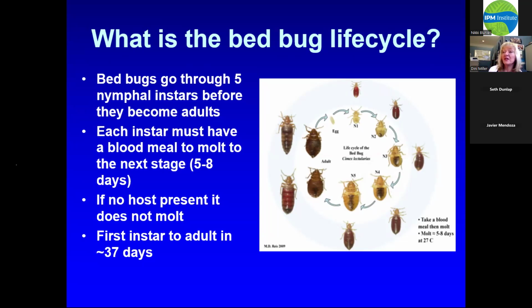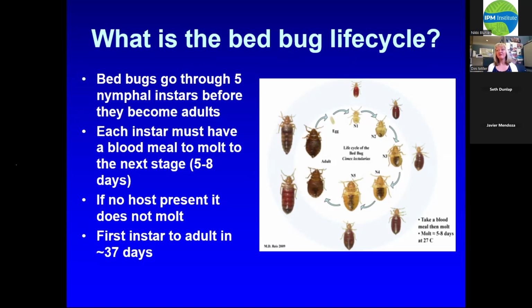And the bed bugs actually go through 5 immature stages before they become reproductive adults. And in order to get from one stage to the next, they actually have to have a blood meal, which allows them to grow, shed their skin, and they basically molt into the next life stage. This takes about 5 to 8 days after they have a blood meal.